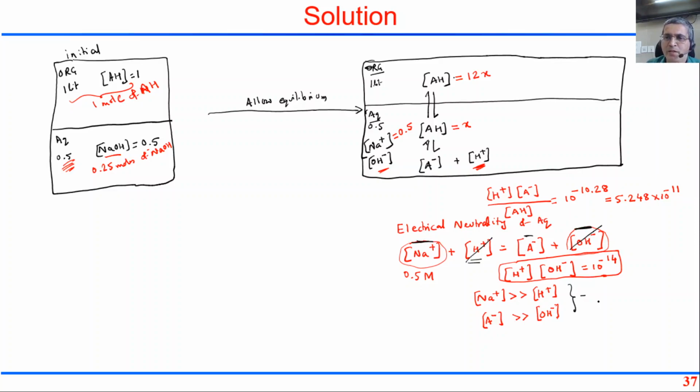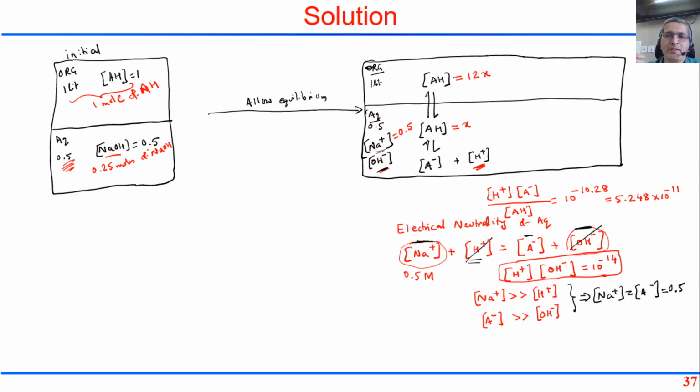That means what we are saying is the Na plus ion concentration is the same as the A minus ion concentration, which is the same as 0.5, which means AH will come into the aqueous phase and dissociate till all the OH minus ions which are generated by 0.5 moles of NaOH are neutralized. We are almost going to reach pH equal to 7, near about pH 7. We don't have to have exact pH 7.